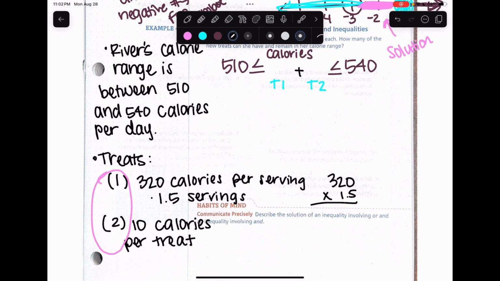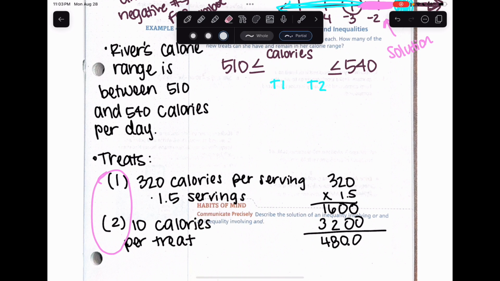Okay, when we solve, we've got this. So you're probably going to be a little bit faster than me with this multiplying if you have your calculator or something. All right, and I've got 480 here. So I know that with treat 1, she's getting 480 calories.